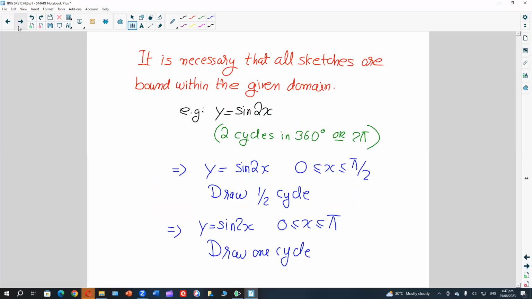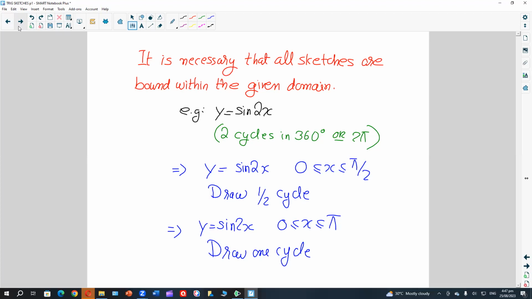It is necessary that all sketches are bound within the given domain. It's a very important thing to understand that examiners give a domain. So when you are going to draw a sketch, you must see the domain, the examiner allocated range.